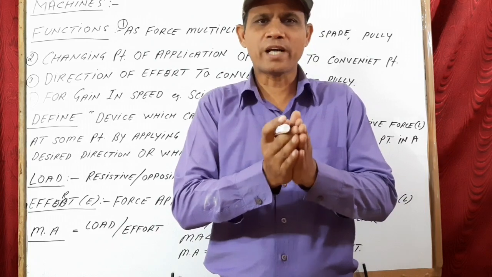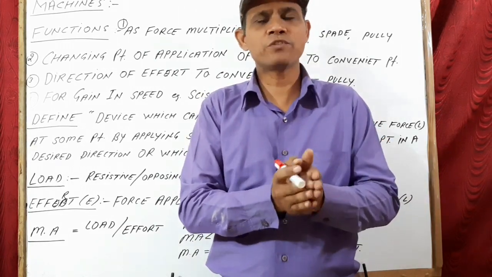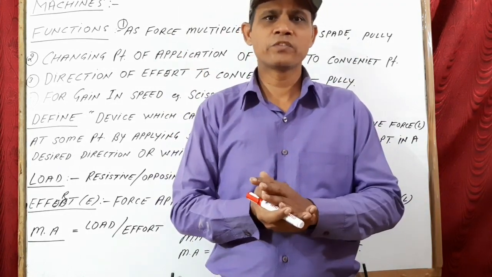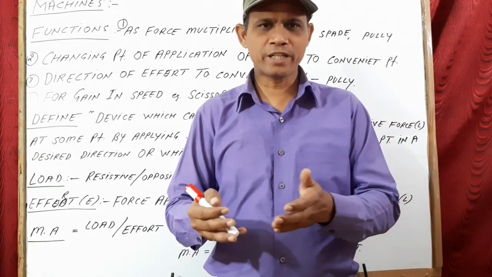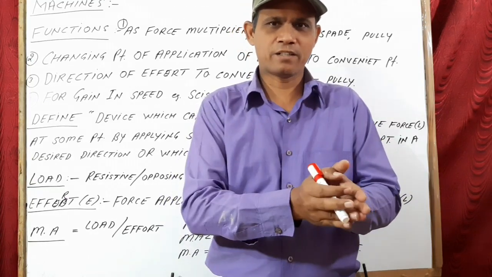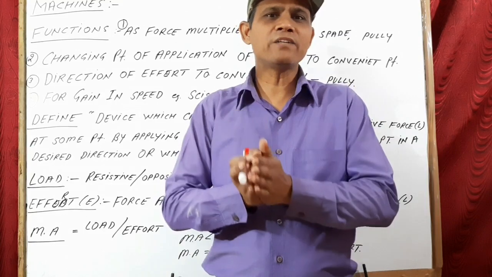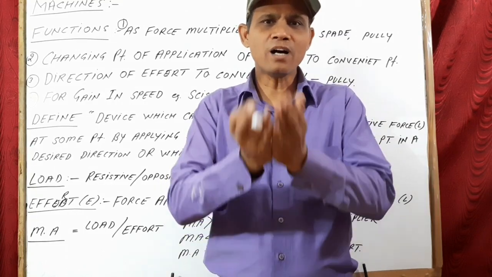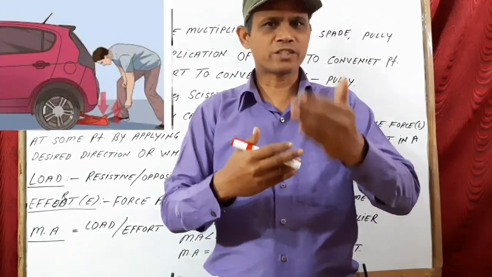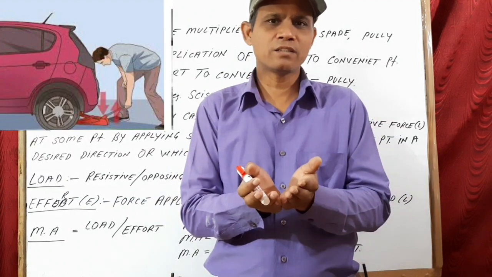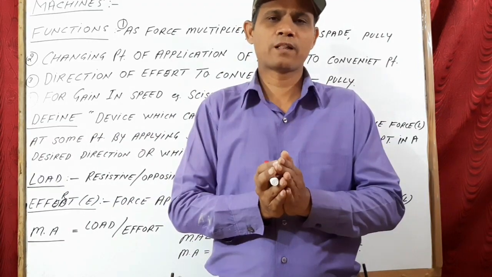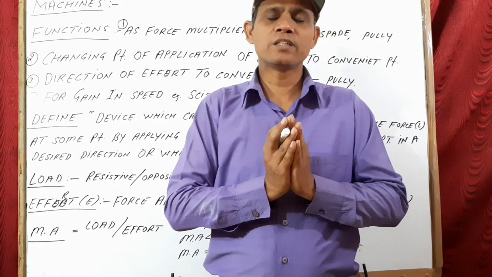You do not have that much force with which you can lift the car. Then what do you do? You take a device which is known as a jack. By using that device, you can lift a very heavy car. You are applying lesser force, but the car is being lifted up. So this is a machine.